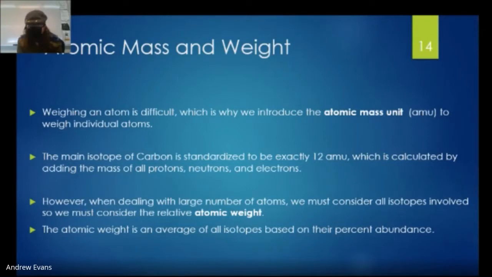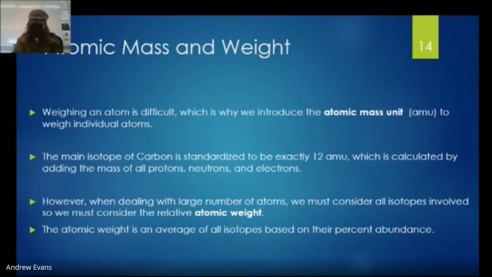We get some weird numbers in there that are not really close to a whole number, and that's because the atomic weight is a weighted average of all isotopes based on the percent abundance. So if one isotope is in greater abundance, it's going to take up a greater percent of this weighting. We're going to add them all up. If you have a 35 and a 37 isotope, we're not going to give it 50-50 weighting unless they're 50% of each.